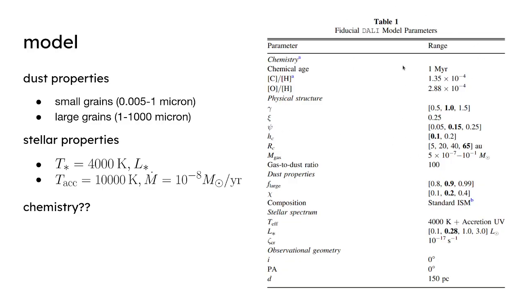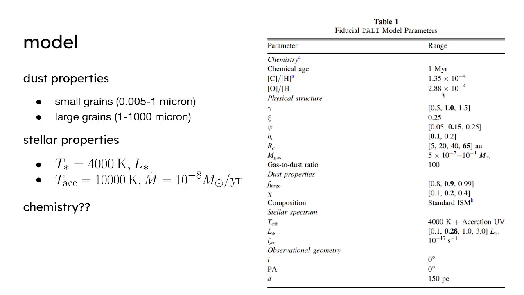And here's a table of all the model parameters that they chose to report. They consider a range of models, and they first consider models with all parameters fixed but M gas, and for those parameters that have several values, you see for this set of models the relevant values in bold.